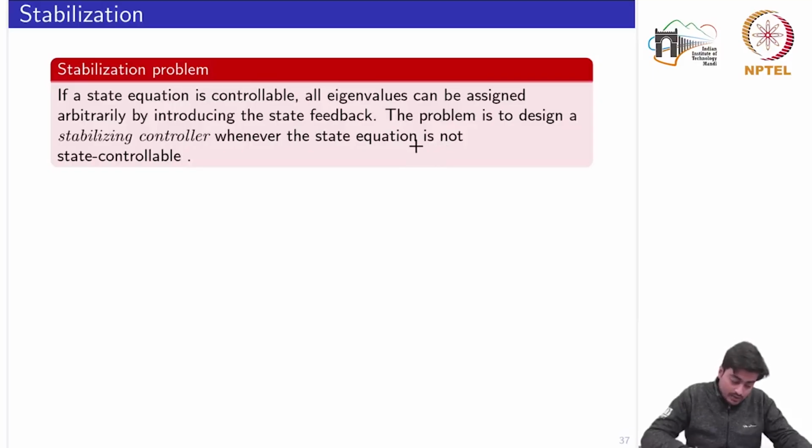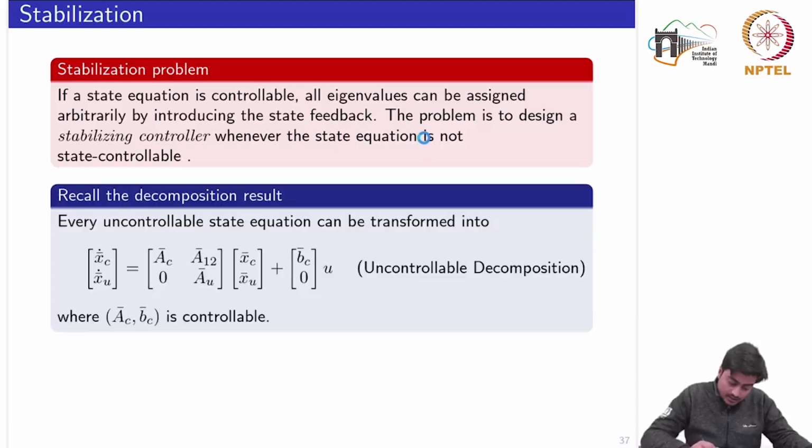So here we would recall some of the concepts of stabilizability, which requires the decomposition of the original LTI system, from where we could extract the uncontrollable state equation and also the controllable state equation. By doing this decomposition, we know that the pair A C bar and B C bar is controllable, and this is the homogeneous part which is uncontrollable.